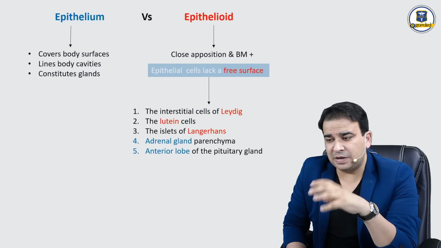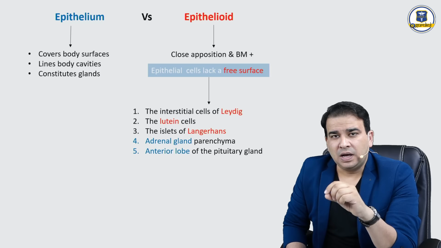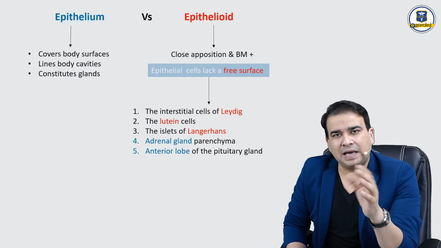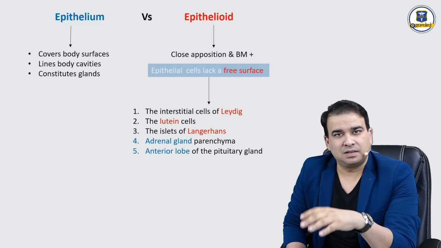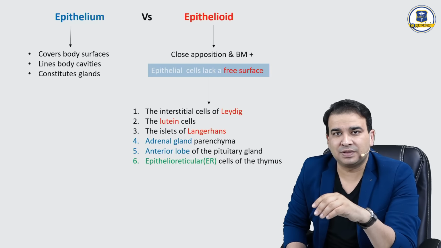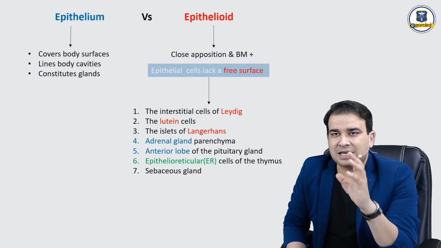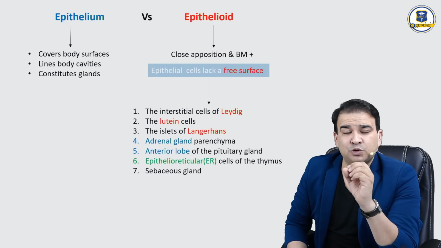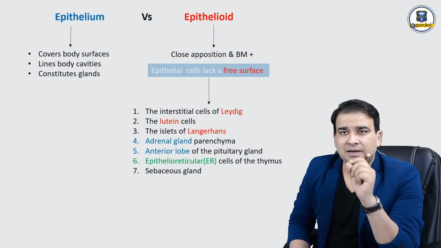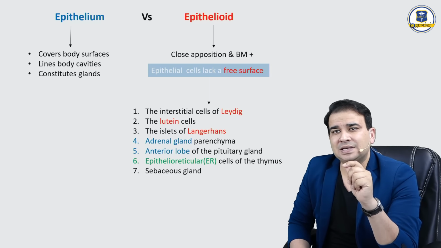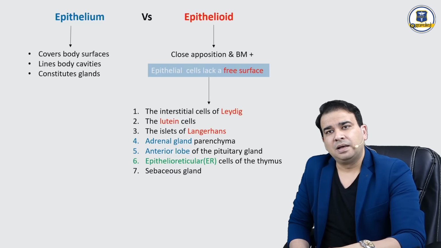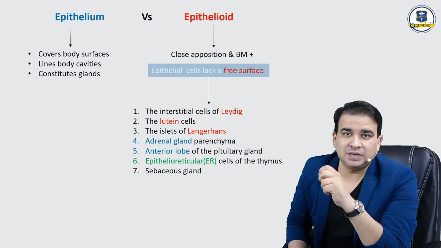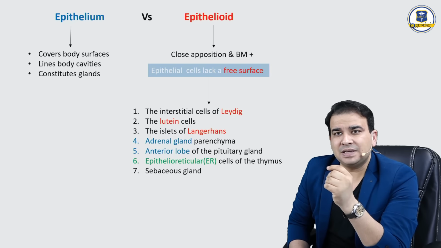Along with that, even the sebaceous gland, and the reticulo-epithelial or epithelio-reticular cells of the thymus, or you can say the ER cells of the thymus. These are very important examples, and you should remember all of them: the interstitial cells of Leydig, lutein cells, Langerhans, adrenal gland parenchyma, the anterior lobe of the pituitary, the ER cells of the thymus, and the sebaceous gland.